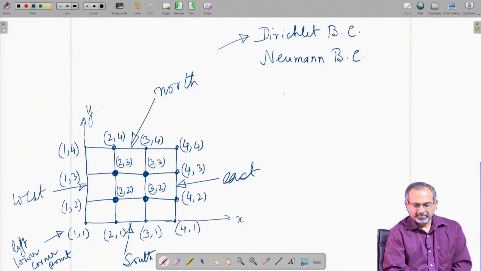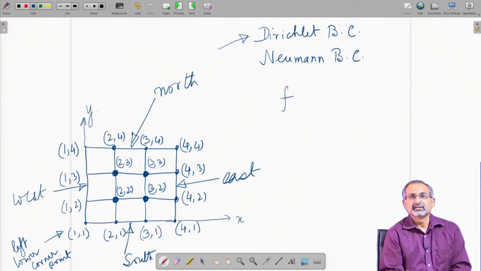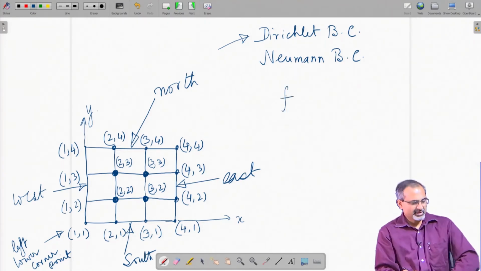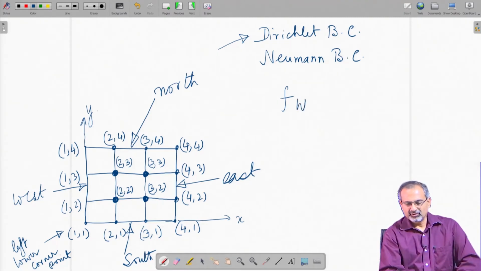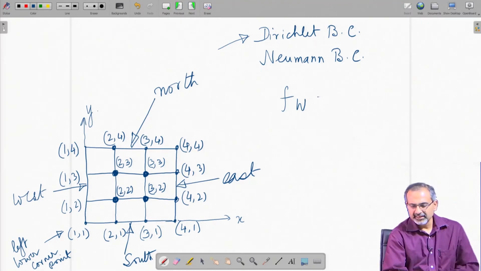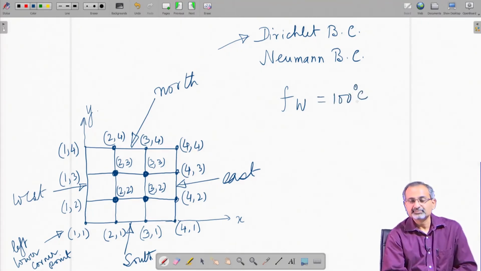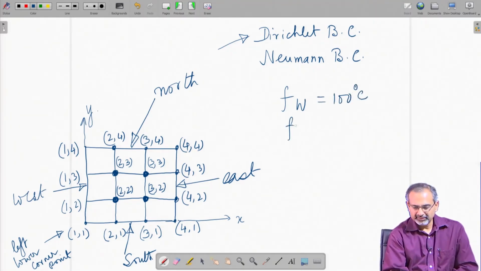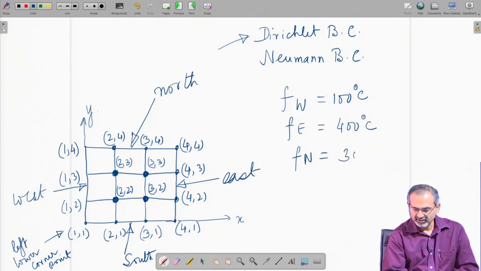So, let us say that we continue to represent temperature by F, and the F on the west boundary, let us give it some numerical value, let us say that is equal to 100 degree centigrade. F on the east boundary, let us say it is 400 degree centigrade. On the north we have 300 degree centigrade, and on the south we have 0 degree centigrade.